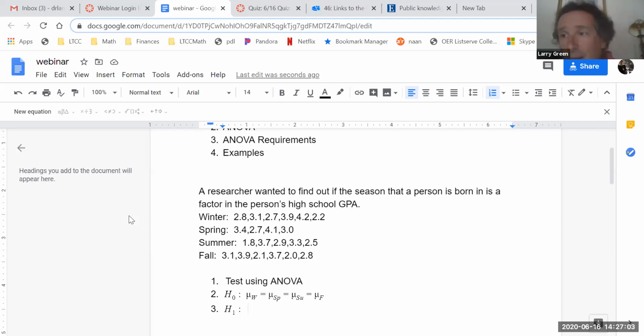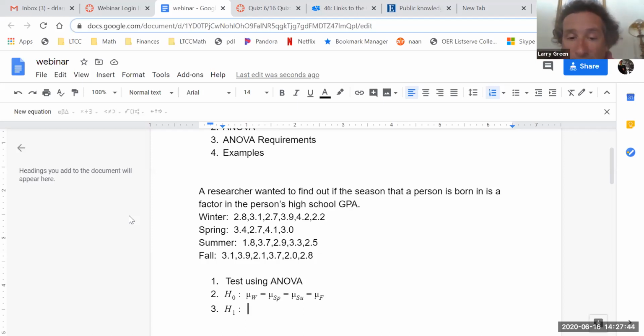Because H1 is always the complement of H naught, right? Any thoughts? Okay, unlike the question that I gave you a long time for, which was how do you start any hypothesis test, and that is decide what test to use, this one's actually tricky. And the complement of they're all the same is not they're all different. Okay, so you got to get used to that. It could be that winter, spring, and summer are all the same, and fall's different.